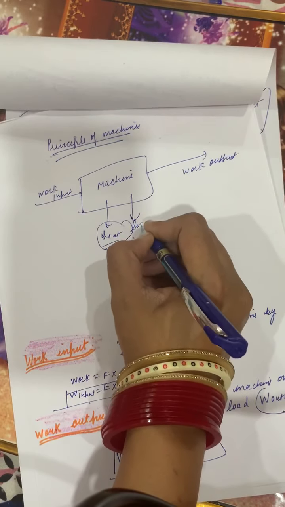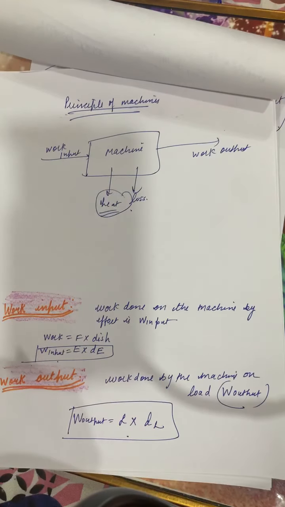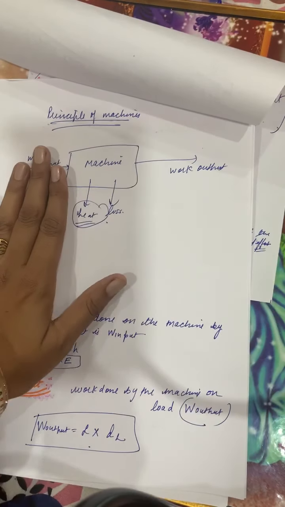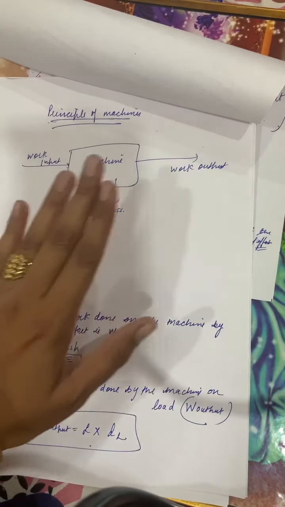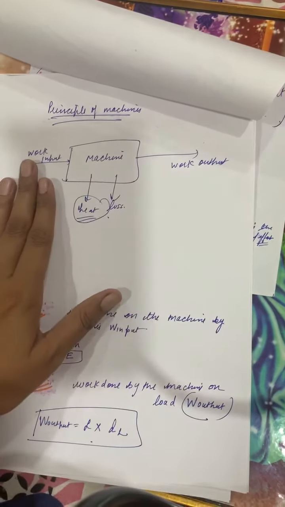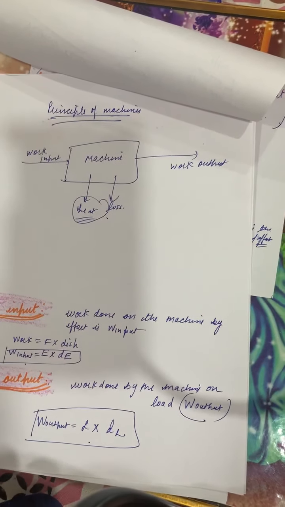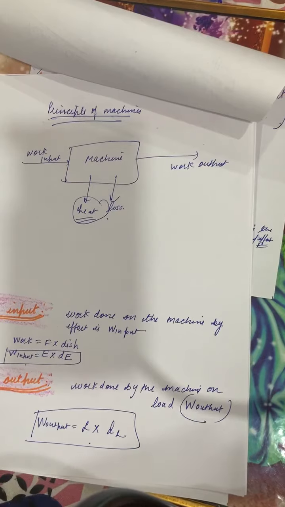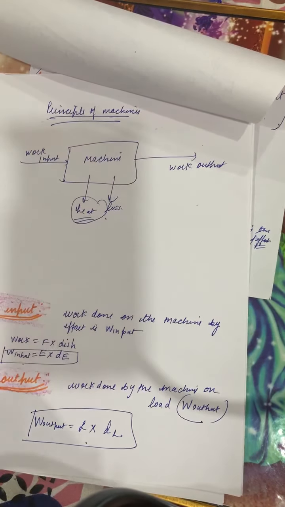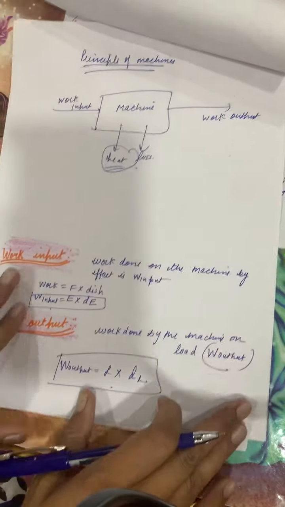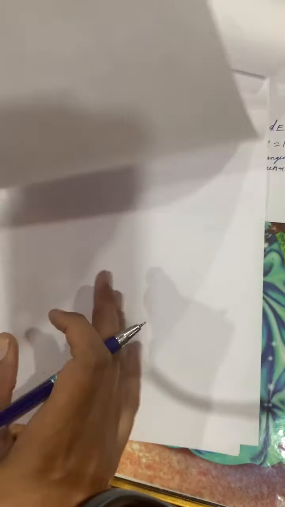Loss of work, loss of energy. So normally we can say work output and work input are not equal to each other. Always there is some loss of energy, and the machines in which work input and work output are equal are ideal machines, which are not possible in real life. Now work input is over, work output is over.